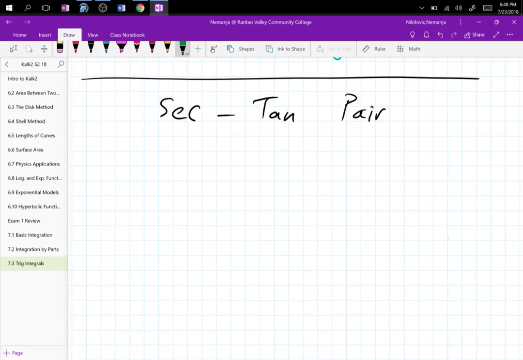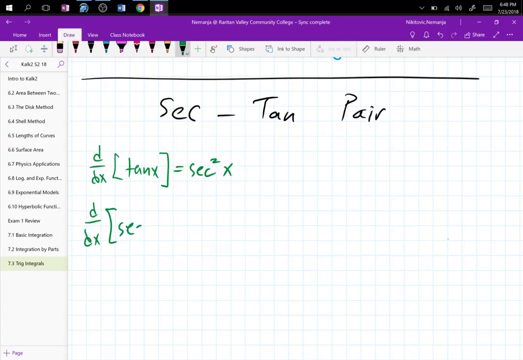We start by writing that the derivative of tangent x is secant squared x. And also that the derivative of secant x is secant x tangent x. These are your Calculus 1 formulas for the derivative of secant and the derivative of tangent.